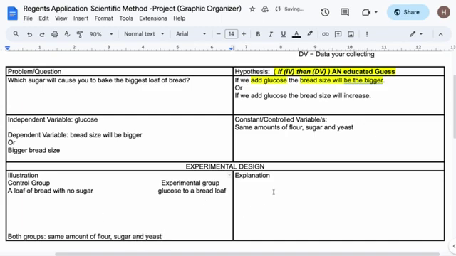Now in this explanation, we're just basically writing a paragraph about how we designed our experiment. And we're going to say, we made a hypothesis that we would bake the largest bread by adding glucose.